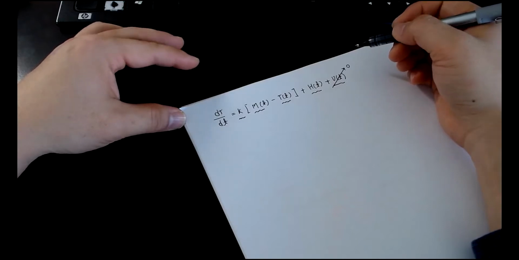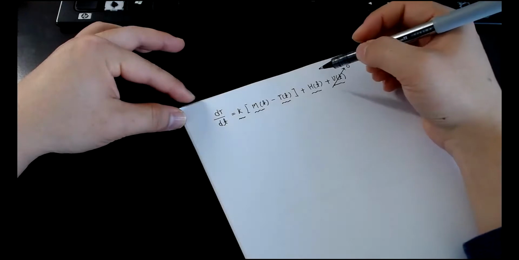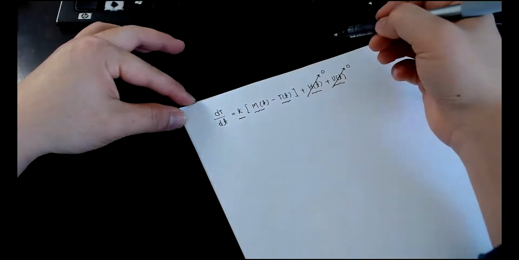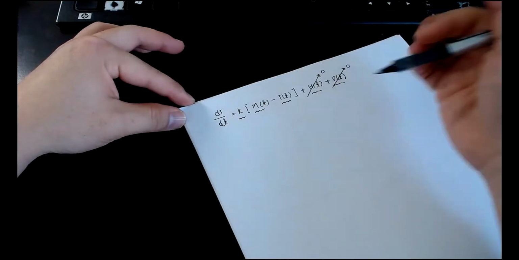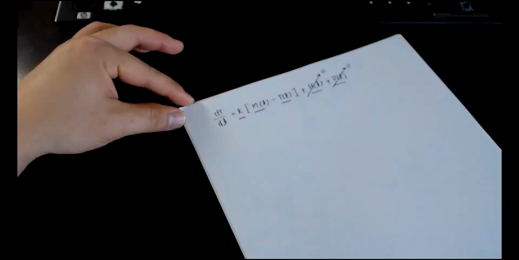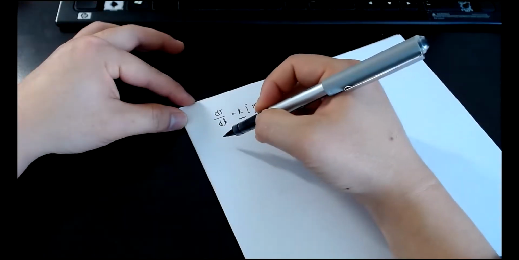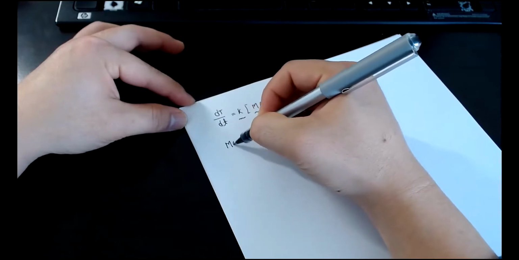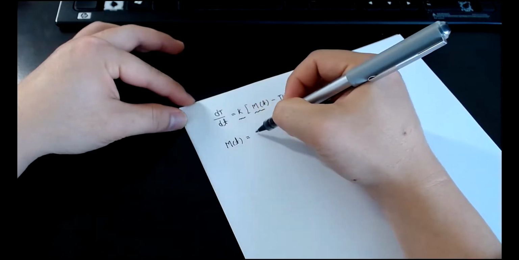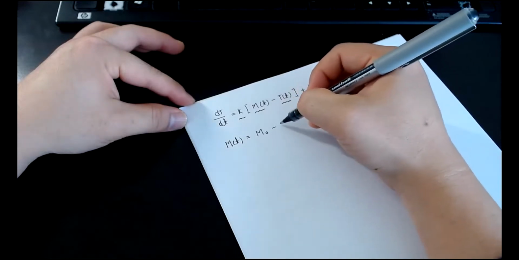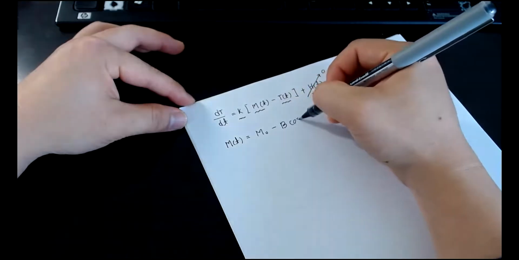They don't mention anything about an additional heat source, so h of t must be 0. The problem also says to assume the outside temperature varies as a sine wave. That means m of t can be expressed as m0 minus b times cosine omega t.